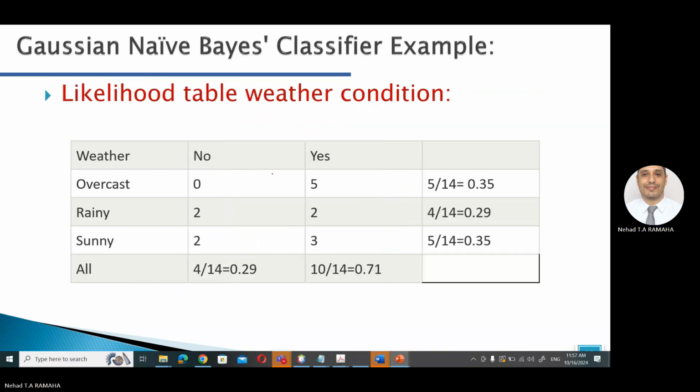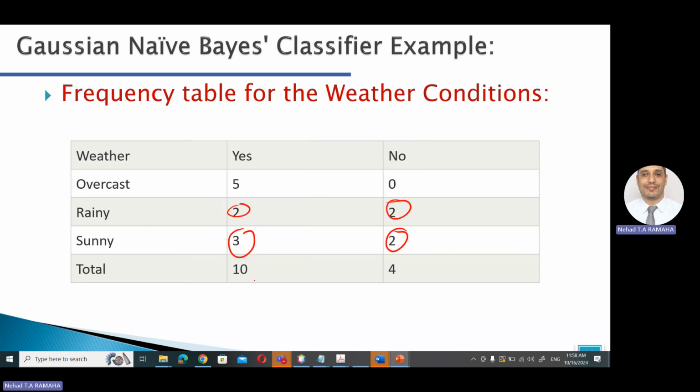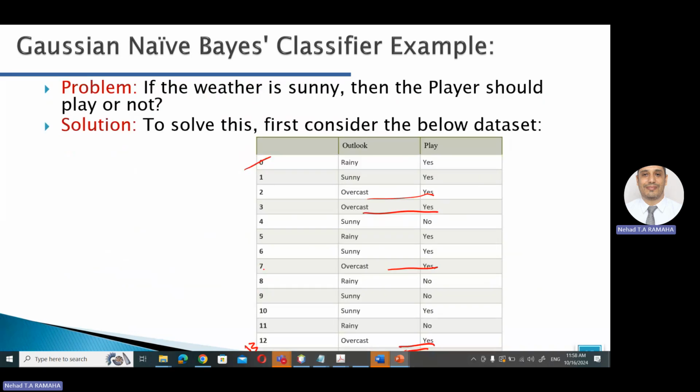So we calculate some probabilities here. For overcast, we have 5 overcast out of 14, the total number here. The total number is 10 yes and 4 no, so it's from 0 to 13, the index, so it's 14 in total.